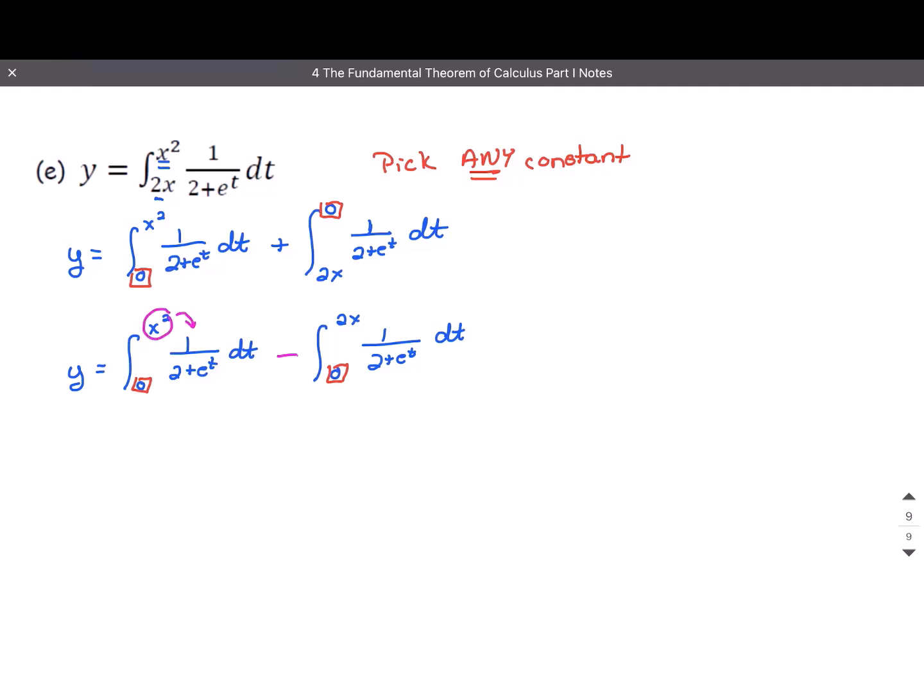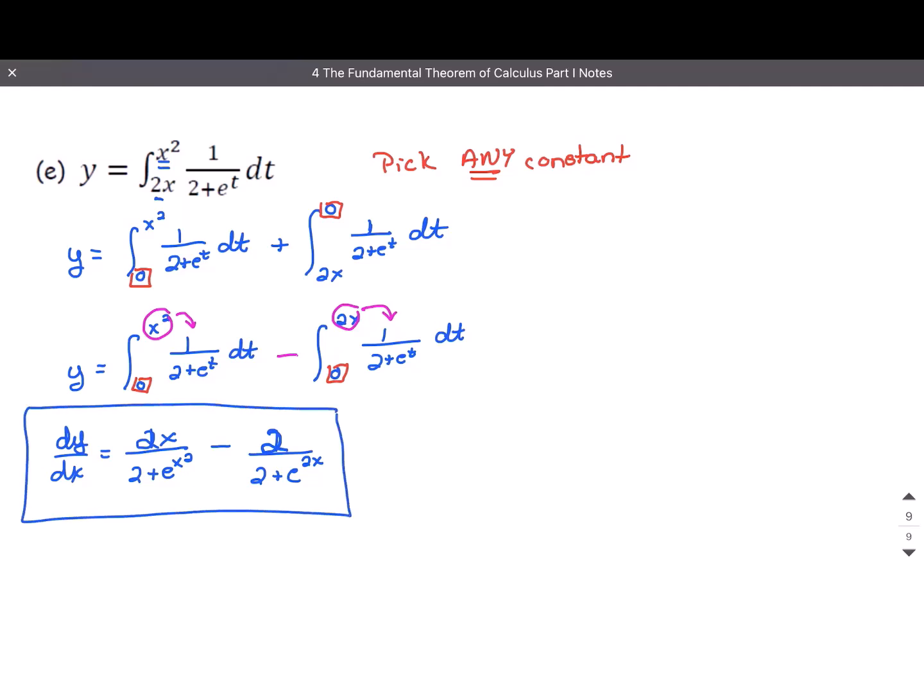So my derivative of y, dy/dx, I'm going to substitute in that x squared, so it's 1 over 2 plus e to the x squared times, what's the derivative of x squared? That would be 2x. Minus, now this time I'm going to substitute the 2x in. So it's going to be 1 over 2 plus e to the 2x times, what's the derivative of 2x? 2. So I'm just going to change that 1 to a 2. And now I have my answer.